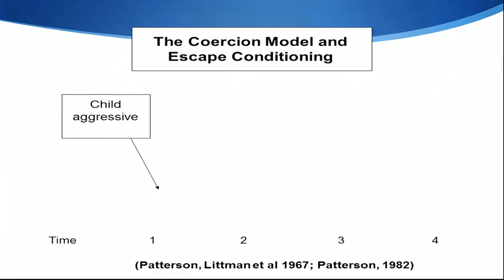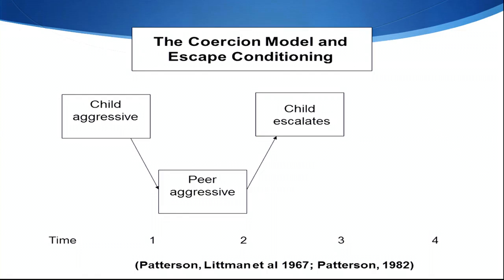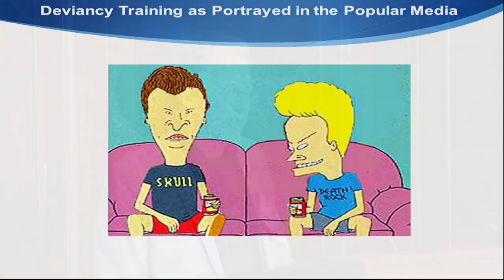So this is quickly coercion: child's aggressive, peer's aggressive, child escalates, peer backs down. So that sequence, if that happens a lot, kids learn to be more and more aggressive over time. The other, deviancy training, is popularized by Beavis and Butthead, and if you've ever seen Beavis and Butthead, that tells you everything about deviancy training.